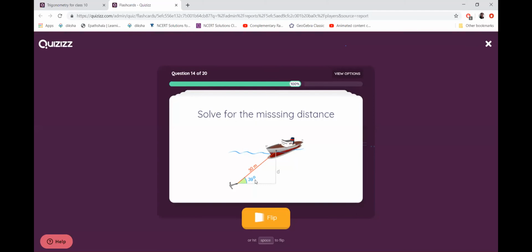Sine 39, the value is available in Clark's table. There is something called Clark's table, where you have the values of all the trigonometric ratios for all the angles from 0 to 90 degrees. Or if you have a scientific calculator, you can simply type sine 39. You will get a value of about 0.83.